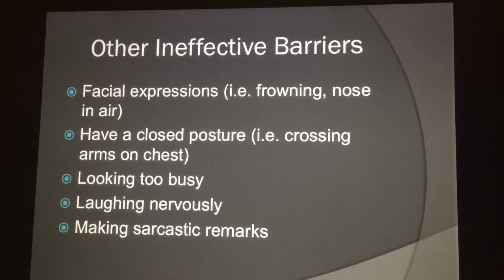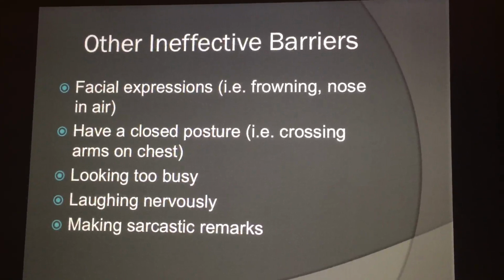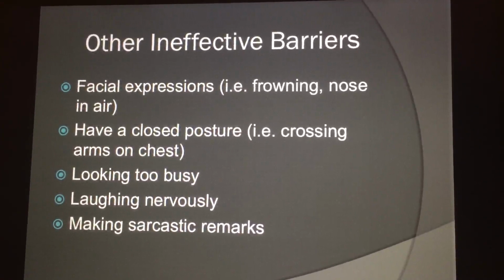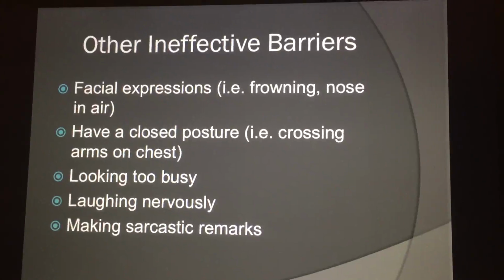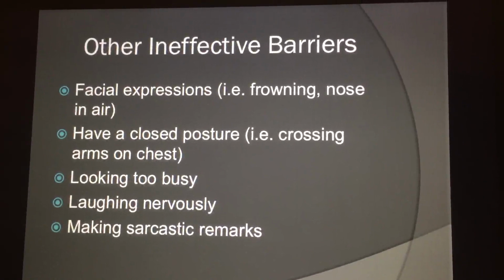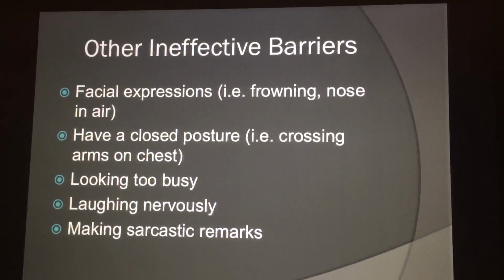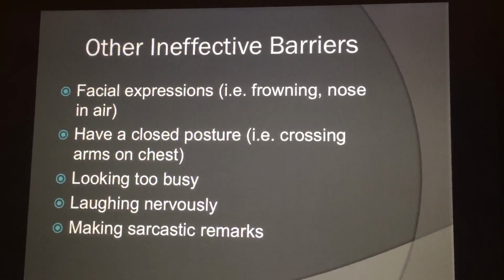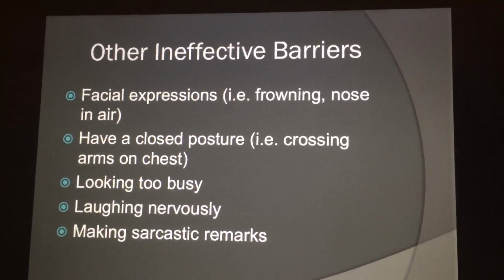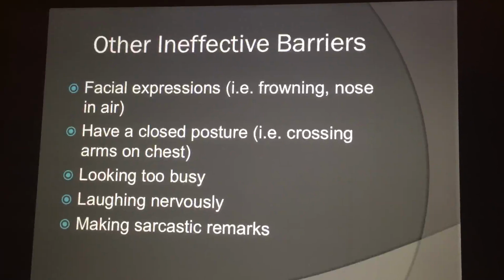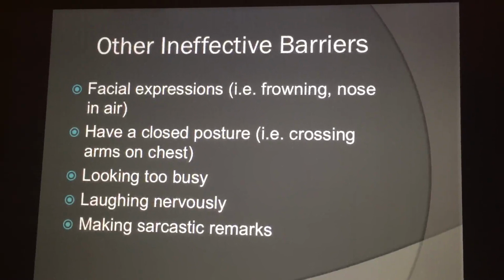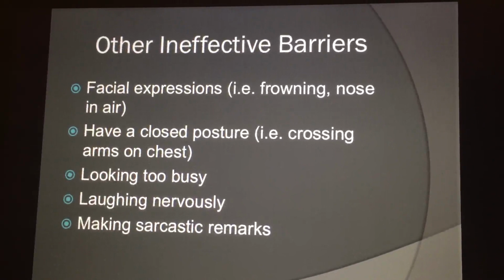This is signaling to the patient that you do not want to be bothered and that you have somewhere else to be. Also, never look too busy for your patient. If they're talking, take the time to relax and give them some of your attention. No matter if all of your call lights are going off, give them the time that they need. Never make sarcastic remarks.